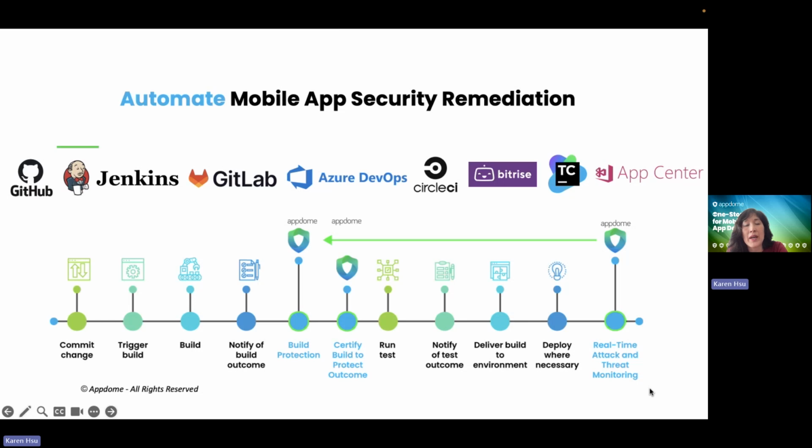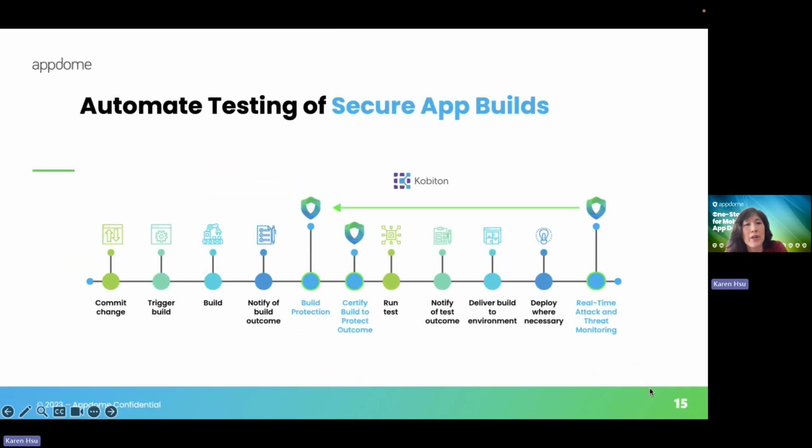That is possible because Appdome has plugins or integrations with each and every one of the CI/CD systems that you see at the top here, whether it's GitHub, Jenkins, GitLab, Azure DevOps. We have a plugin so that your organization can plug into the DevOps pipeline for automation, for remediation, and for testing automation.